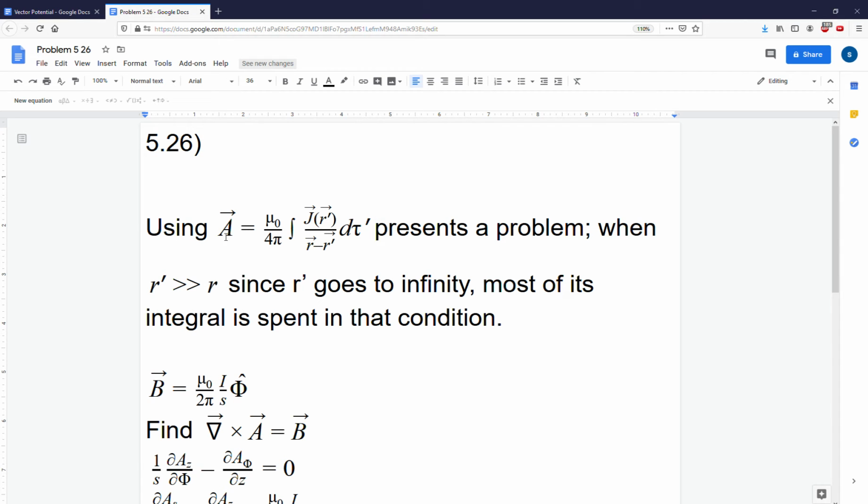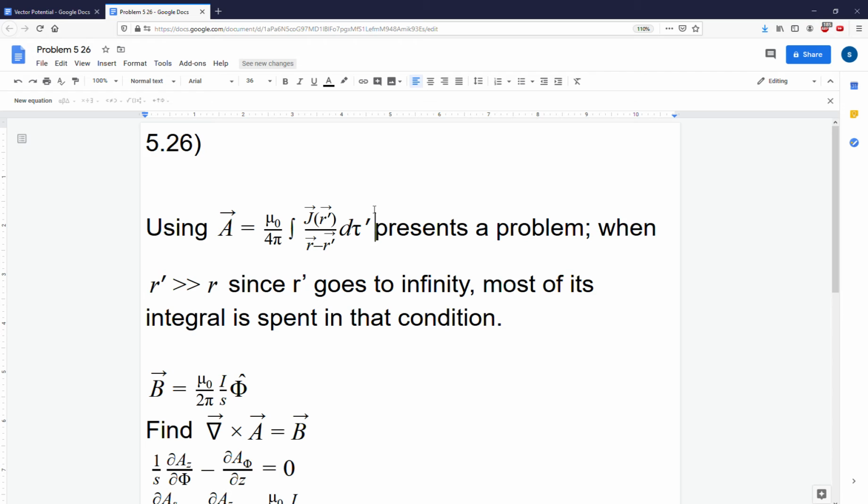You see, for an infinitely long wire, this r prime goes out from negative infinity all the way over to positive infinity. And this r vector just represents a single fixed point. Now, infinity is really, really big, which means that no matter what r is, r prime is going to spend most of its integration region much, much bigger, which means for the most part, this integral is some value times 1 over r.